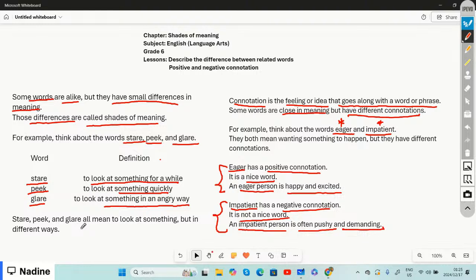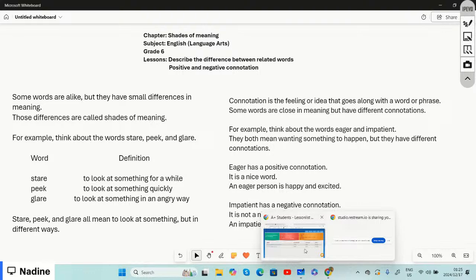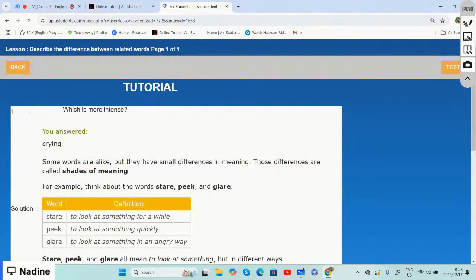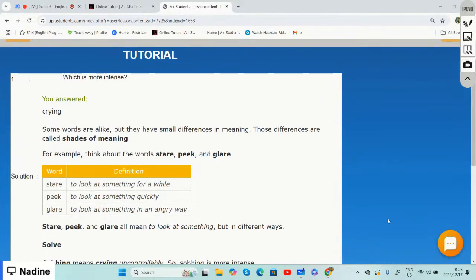All right, so now we're going to aplusstudents.ca. All right, and we already went over words that are different shades of meaning. And we said it's words that are alike, but they have small differences in meaning.